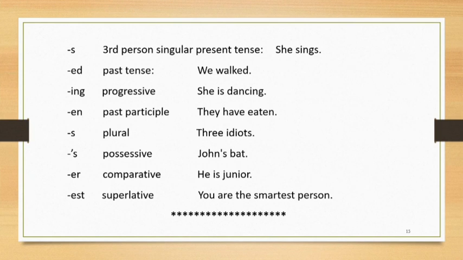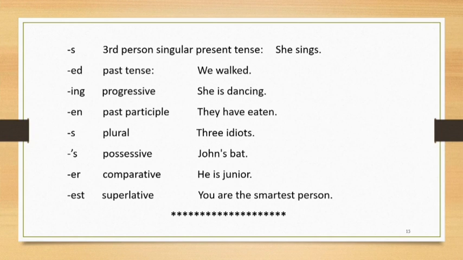Smart boy. He's a smart boy. Smart is an adjective. So smarter or smartest, it remains the same. There is no change in the word. Smartest person, smarter fellow, smarter chap, or smart chap, smart boy. Adjective remains an adjective.